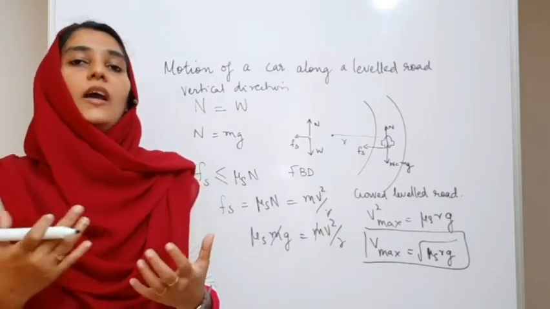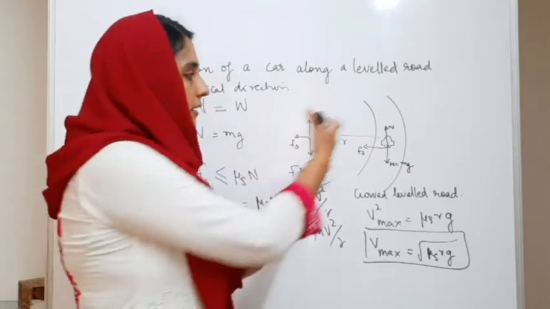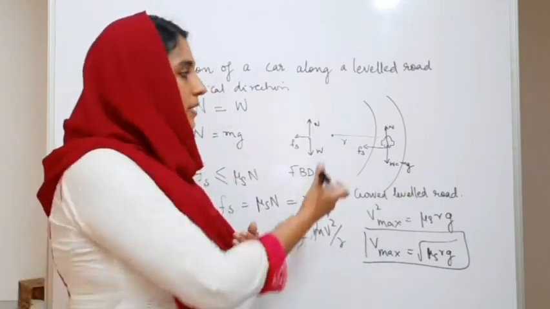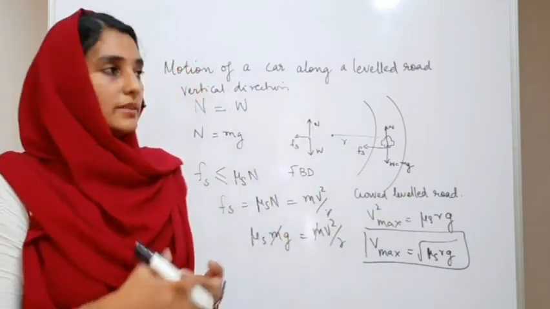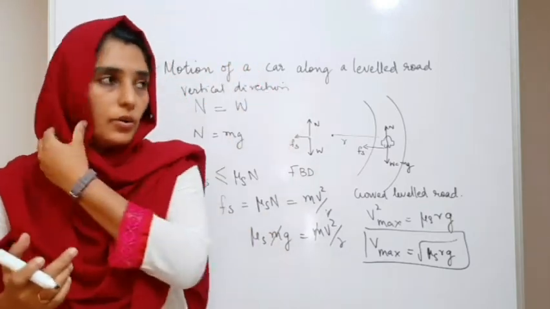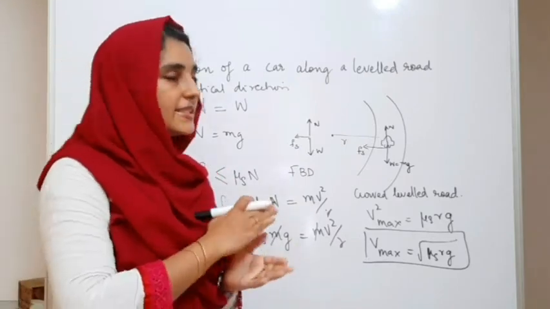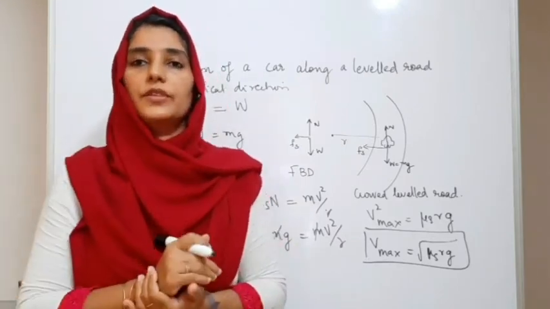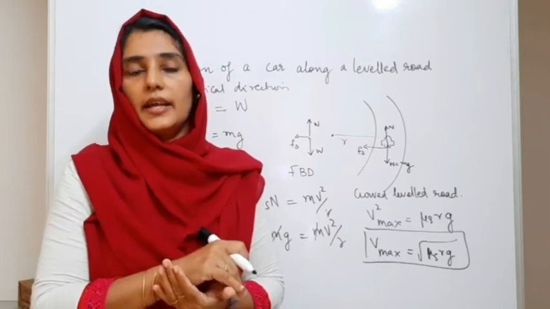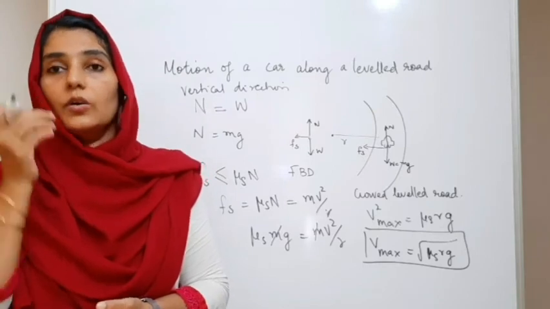when we can do something with the engineering of the roads. So that is how we arrive at the idea of banking of roads, which is actually a system or a procedure of raising the outer edge of the road with respect to the inner edge, such that it makes an angle theta with respect to the horizontal direction.